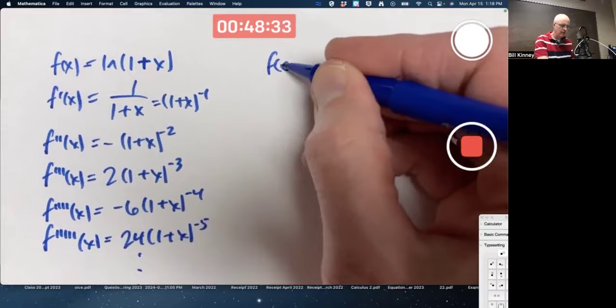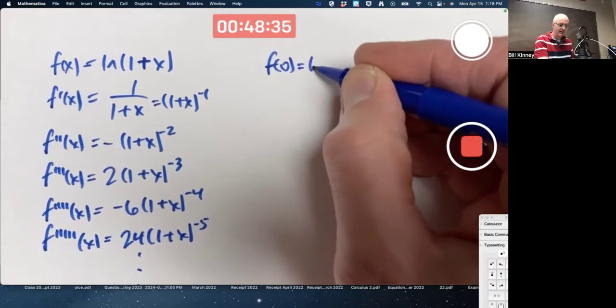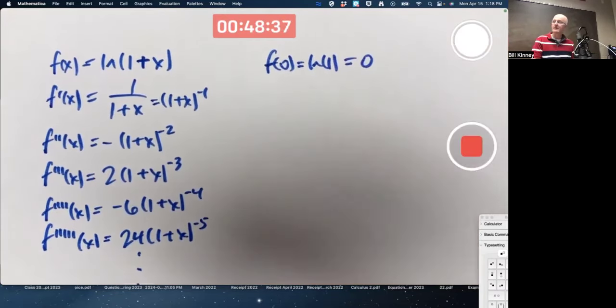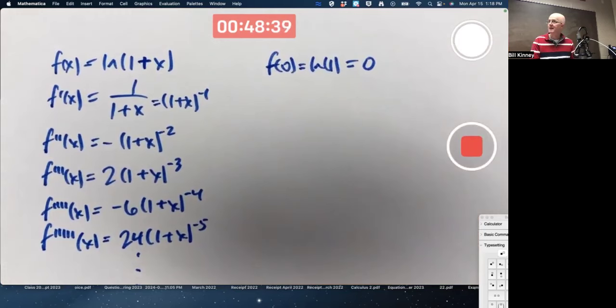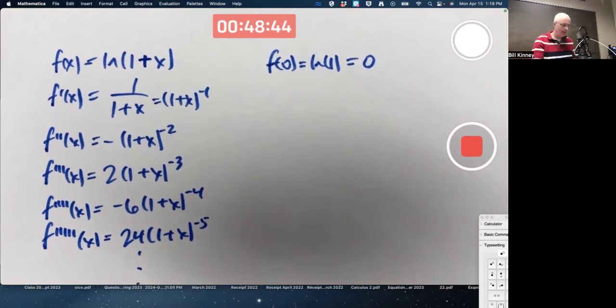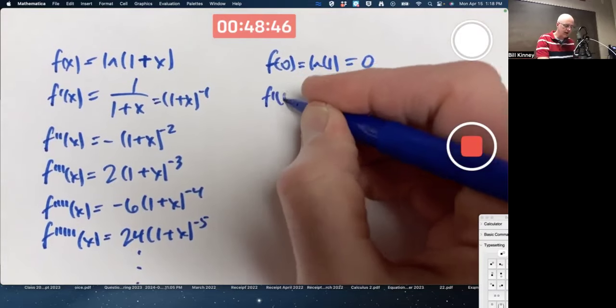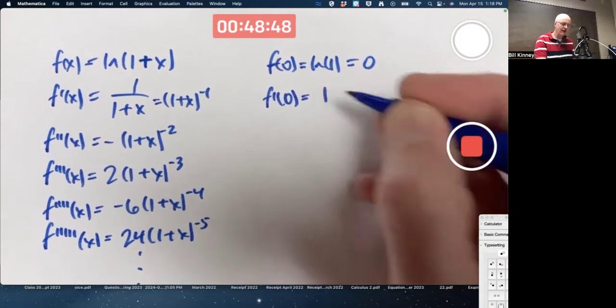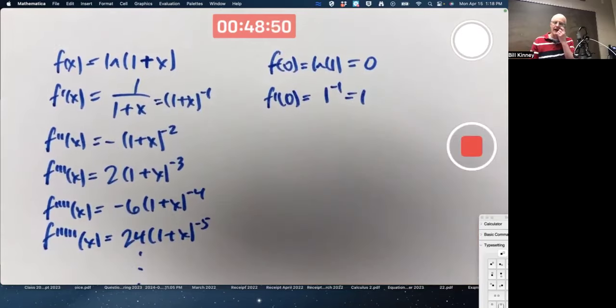F of 0 is ln of 1, which is 0. That's a little different. The constant term is 0. F prime of 0 here is 1 to the negative 1, which is 1. Same as the f of 0 from the previous example.